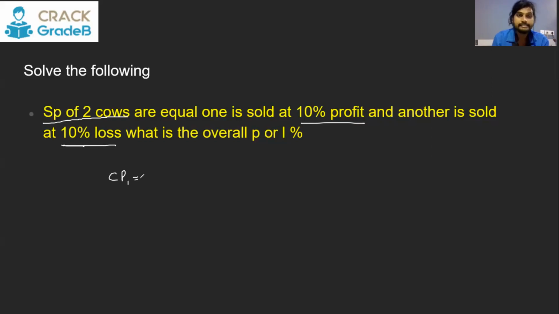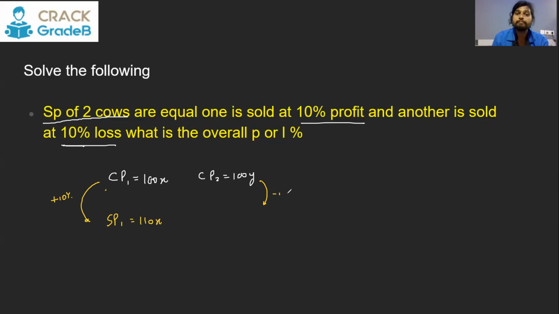But because cost prices are not equal, this time we'll take the cost price of the first as 100x and the cost price of the second as 100y. So we still take it in terms of 100, but because we have associated variables, that makes them not equal. The first cow you sold at 10% profit. So if 100x worth of stuff you are selling at 10% profit, you are selling it for 110x.